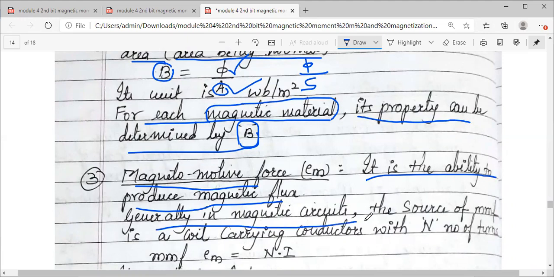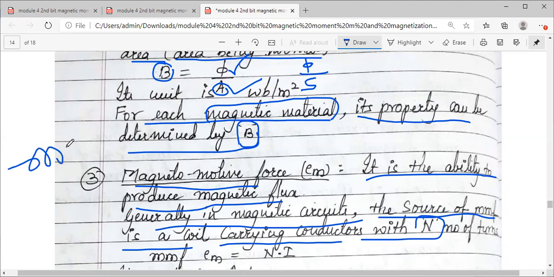Generally in magnetic circuits, the source of MMF is a coil that has N number of turns. If you have a coil and current is flowing through it, there exists MMF. So we denote it as Em.